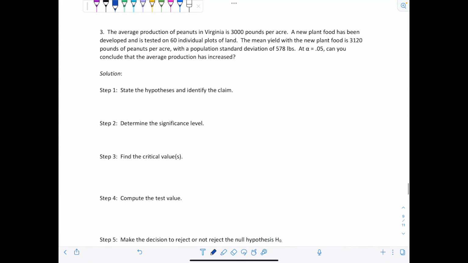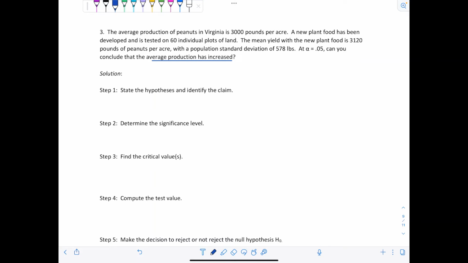The average production of peanuts in Virginia is 3,000 pounds per acre. A new plant food has been developed and is tested on 60 individual plots of land. The mean yield with the new plant food is 3,120 pounds of peanuts per acre, with a population standard deviation of 578 pounds. At alpha equals 0.05, can you conclude that the average production has increased?